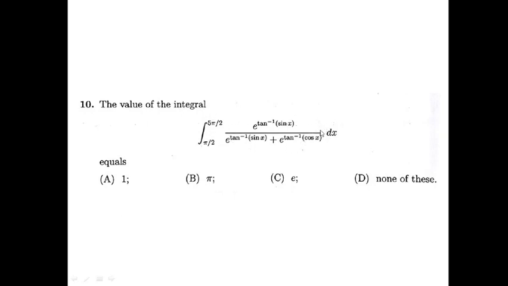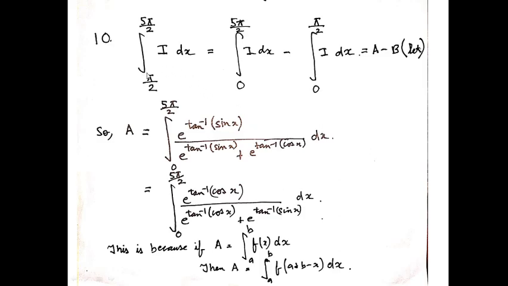Now the integration from pi by 2 to 5 pi by 2 of I dx equals the integral from 0 to 5 pi by 2 of I dx minus the integral from 0 to pi by 2 of I dx. And this is nothing but a minus b, let this part be a and this part be b. Now a here is the integral from 0 to 5 pi by 2 of e power tan inverse sin x over e power tan inverse sin x plus e power tan inverse cos x dx.